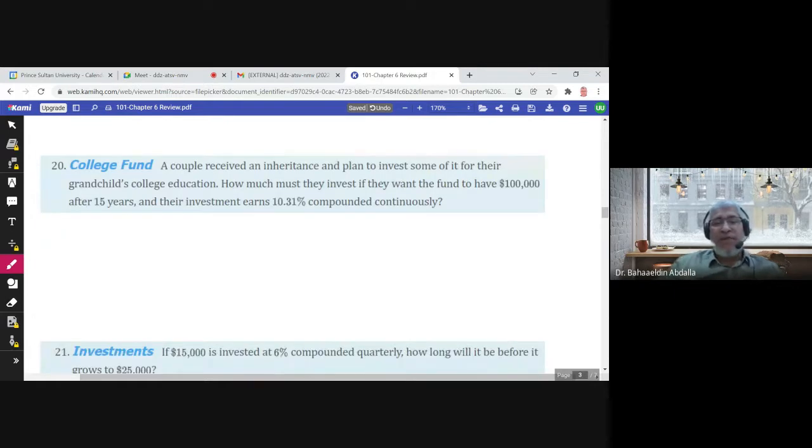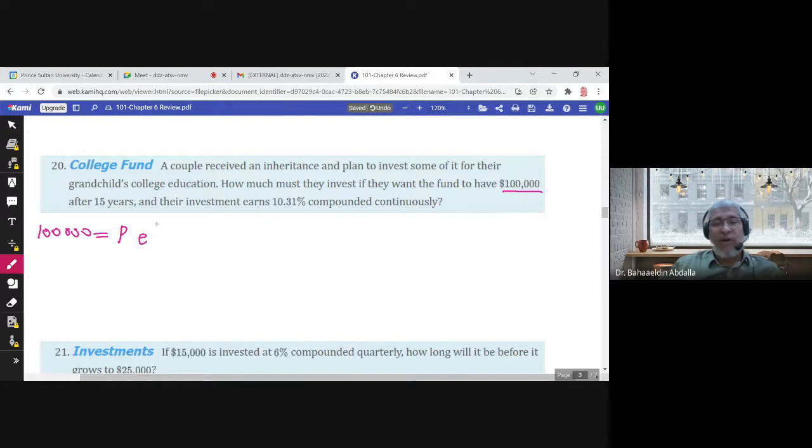A couple received an inheritance and plan to invest some of it for their grandchild's college education. How much must they invest if they want the fund to have 100,000 after 15 years? So this is the future value, and their investment earns 10.31% compounded continuously. So P is missing. That's what we need to find.